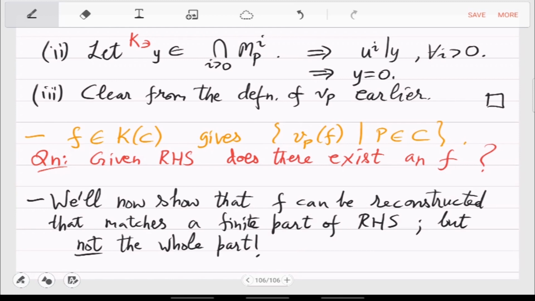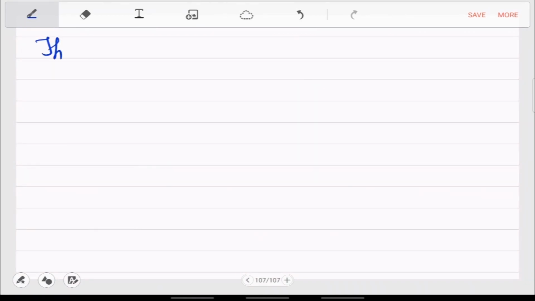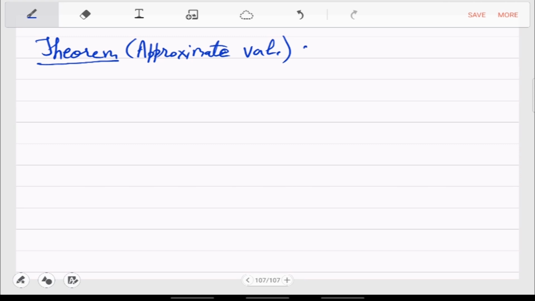Okay, so we'll show that if you care about certain points, certain valuations, finitely many, then those values can be matched by a function. But if you care about all the values simultaneously, then it may not be possible and f may not exist. So we'll prove this approximation theorem, the approximate valuations theorem.